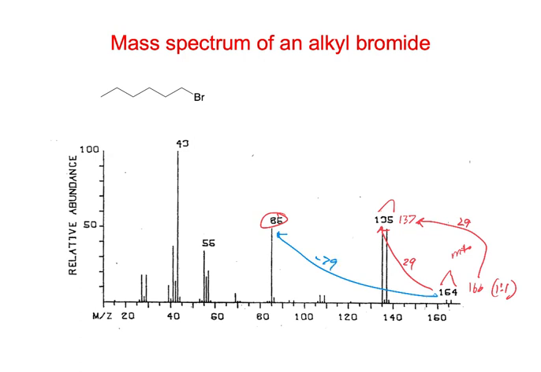And if we go from 166 minus 81, that gives us 85. All right, so we've lost the bromine, and so we no longer have those two isotopes in the molecule. So we know that there's no bromine at this point.